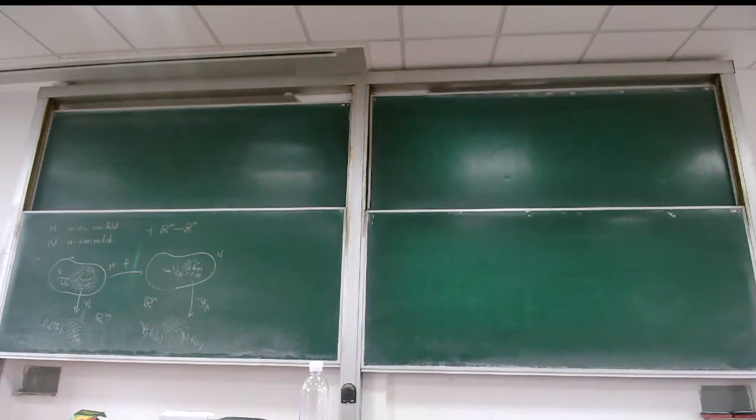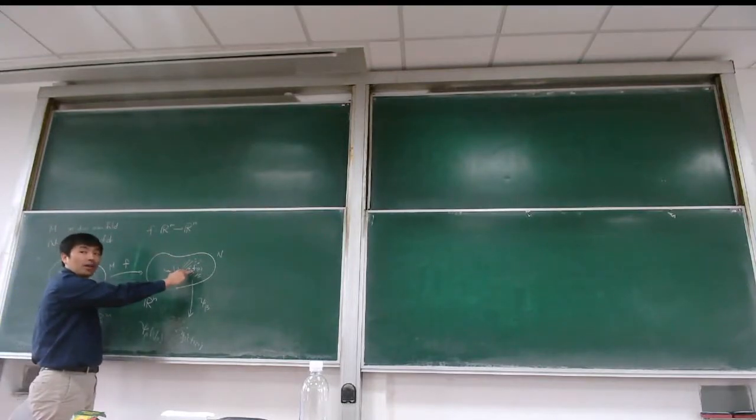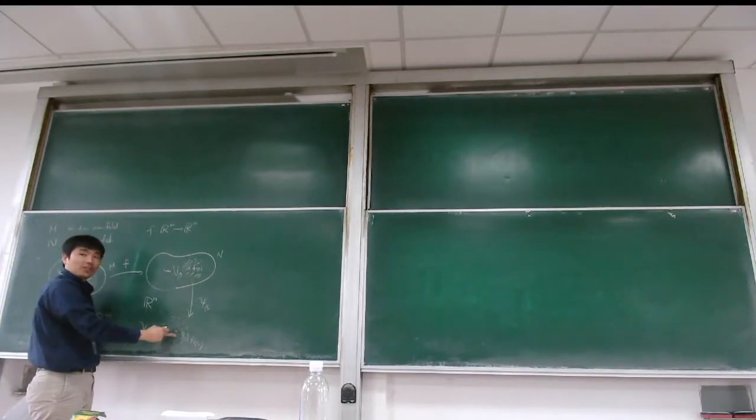Then we know that this is a one-to-one map, right? Invertible. So any point inside the open patch has a one-to-one corresponding point, so you can have an inverse map, and by using map f, go to this point.